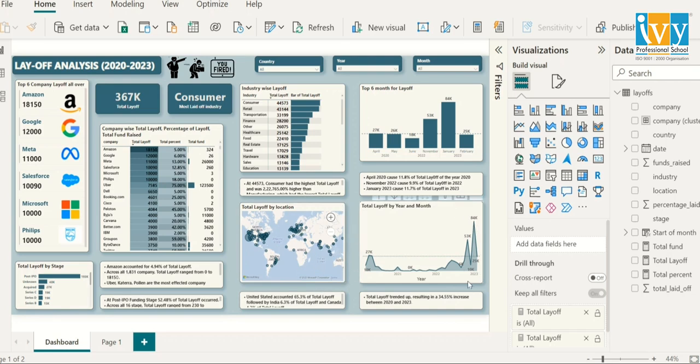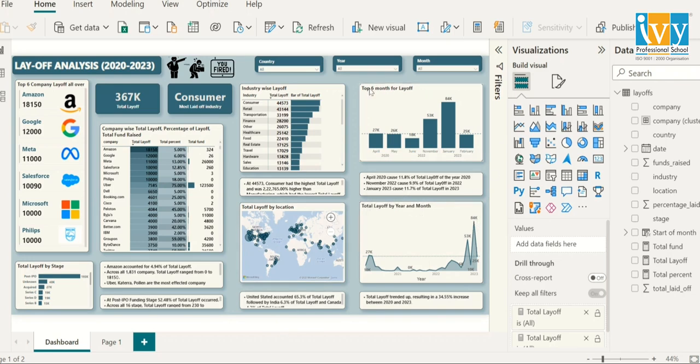This is the trend of layoff, where you can see the big peak happened in the COVID-19 era, and the most layoffs happened from November 2022 to January 2023, where the most layoffs happened in January 2023, which is 84,000.